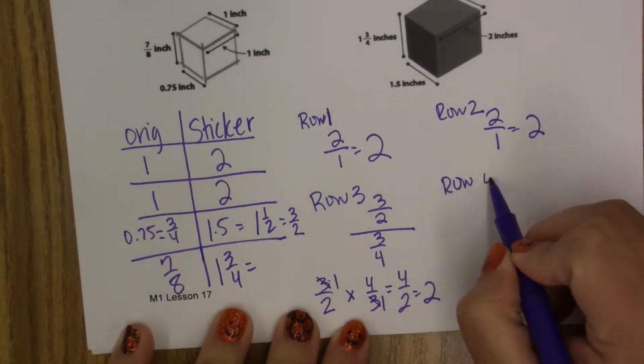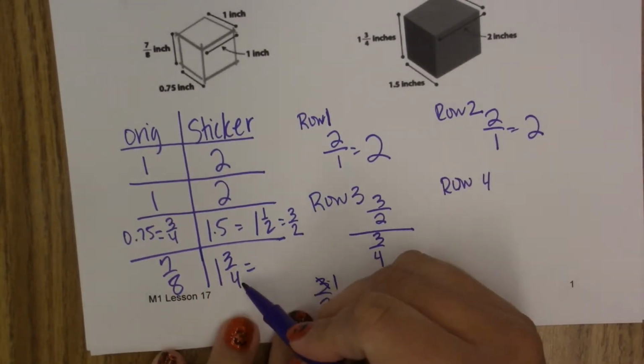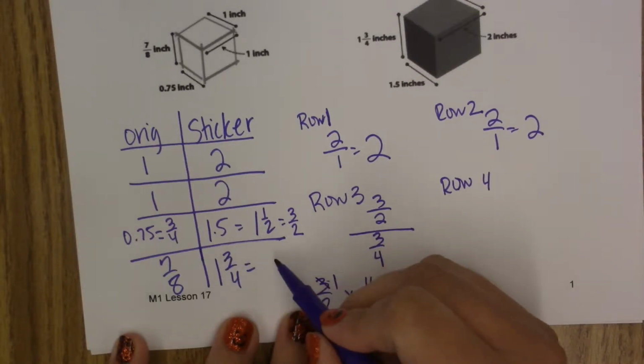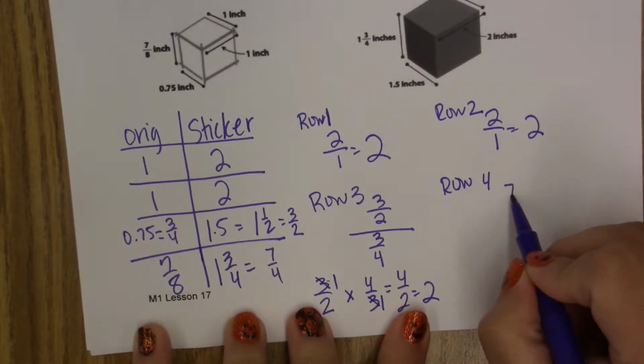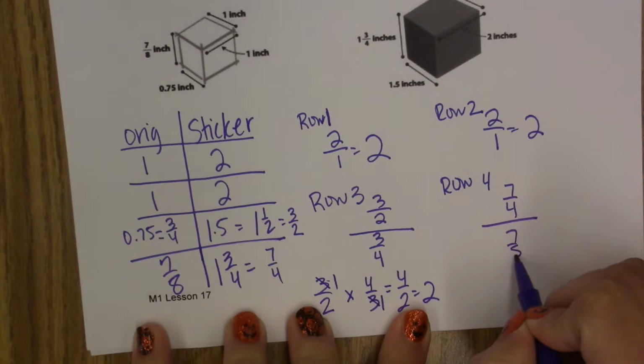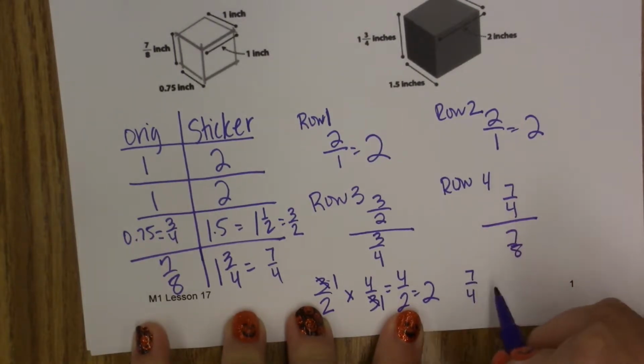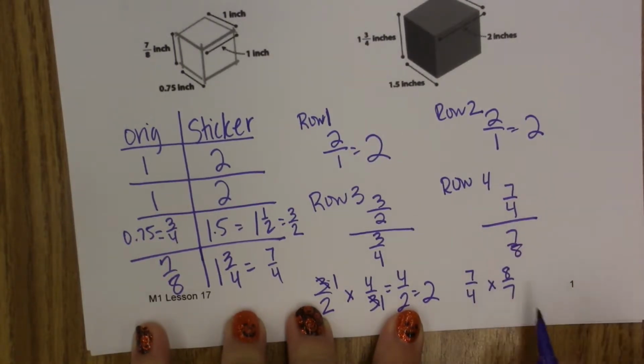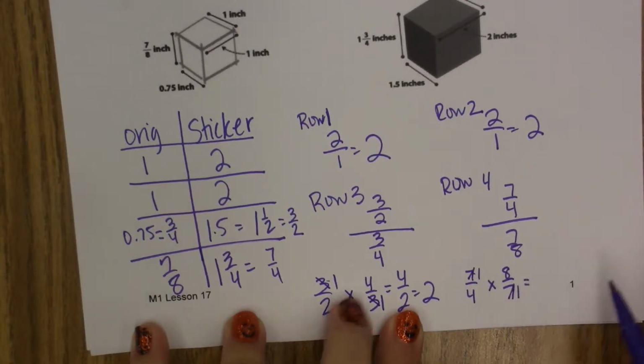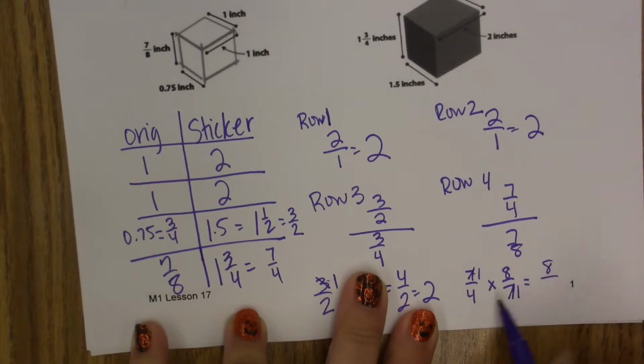And then row 4, 1 3/4. Let's see, 4, 5, 6, 7/4 divided by 7/8. Keep, change, flip. My diagonals are both divisible by 7, so that leaves me with 1s. 1 times 8 is 8. 4 times 1 is 4, which is 2.